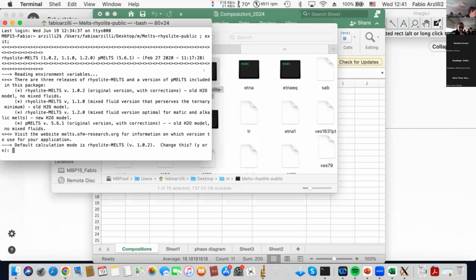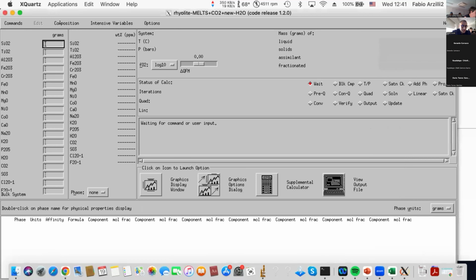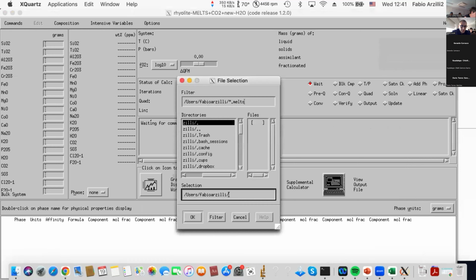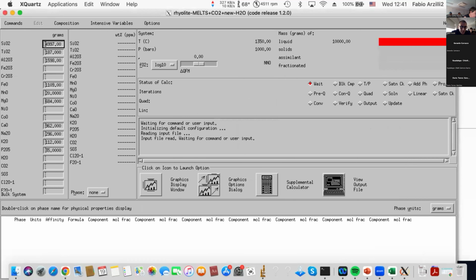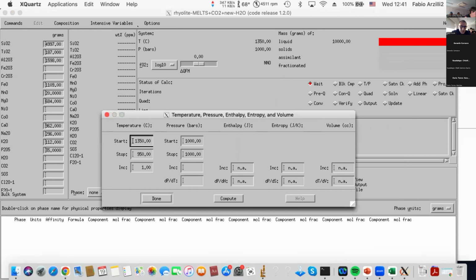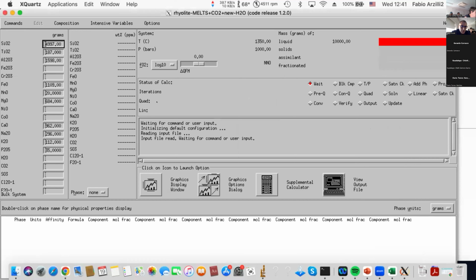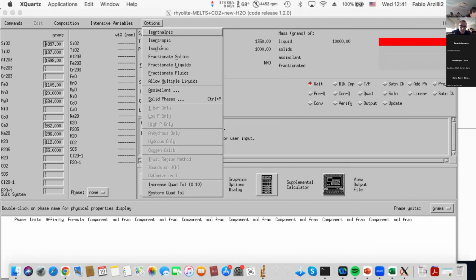So we run the same magma, the same condition. So the same condition, exactly everything the same. The only thing that we add is a fractional solid. So this has to be selected.